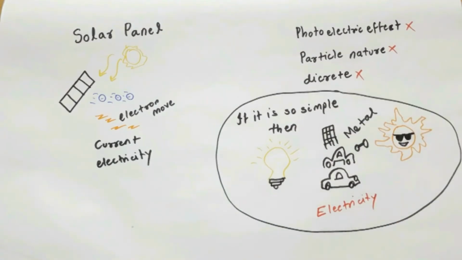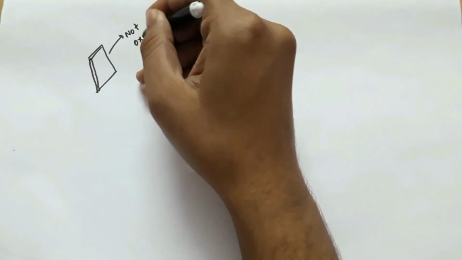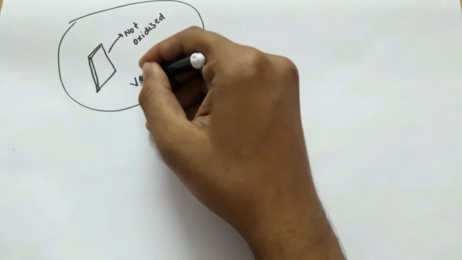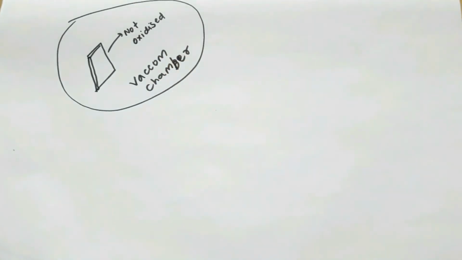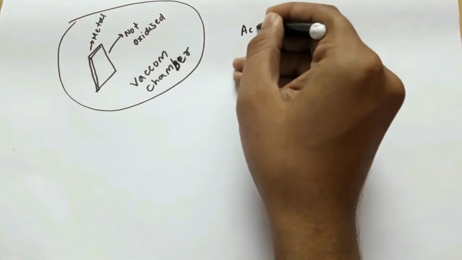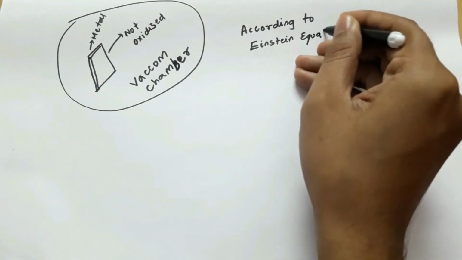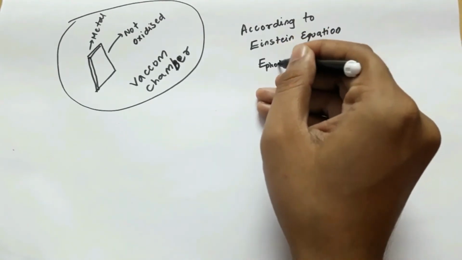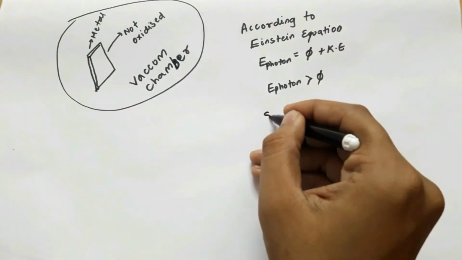But I am sorry, it doesn't work that way. The photoelectric effect has its own complications. The photoelectric effect is observed with a metal surface which is not oxidized, inside a vacuum chamber and with a proper setup. Without this we cannot observe the photoelectric effect. And according to Einstein's photoelectric equation, the energy of the photon is equal to work function plus kinetic energy, which means the energy of the photon must be greater than the work function of the metal.